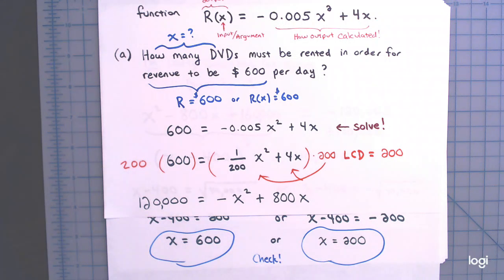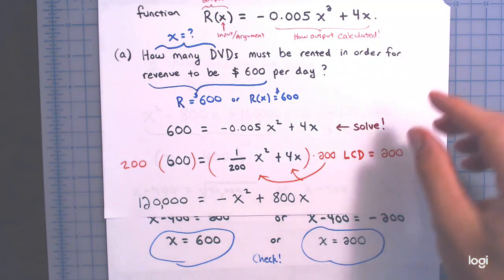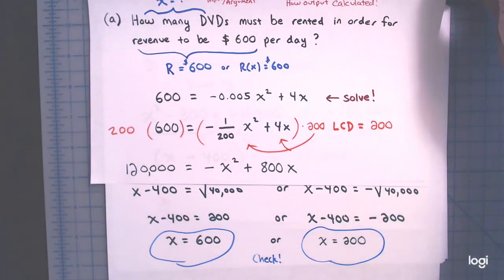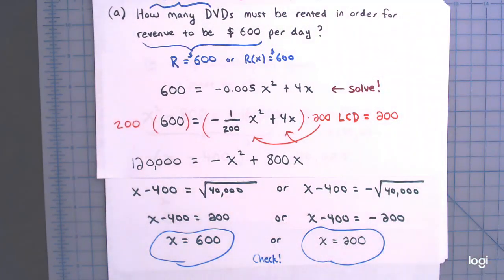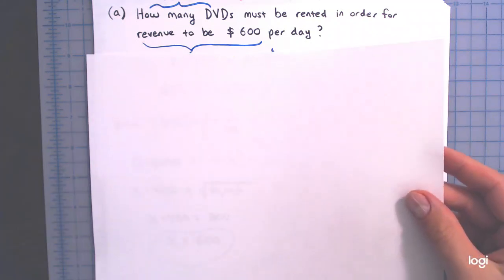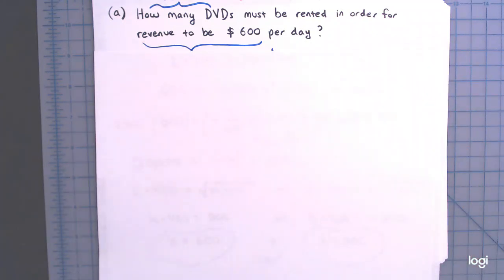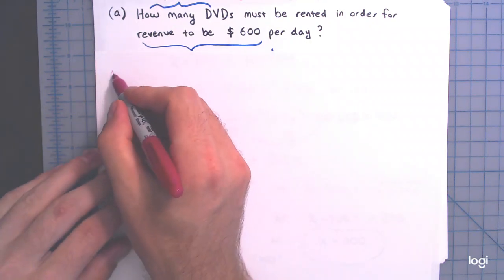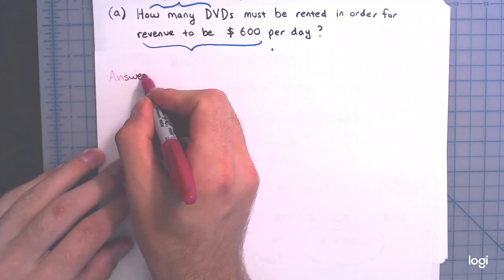So the way I'm going to answer this question, and the way you should answer any question when you're dealing with a word problem, is with complete sentences, and also every time you have numbers, you throw units on those numbers to give them meaning.